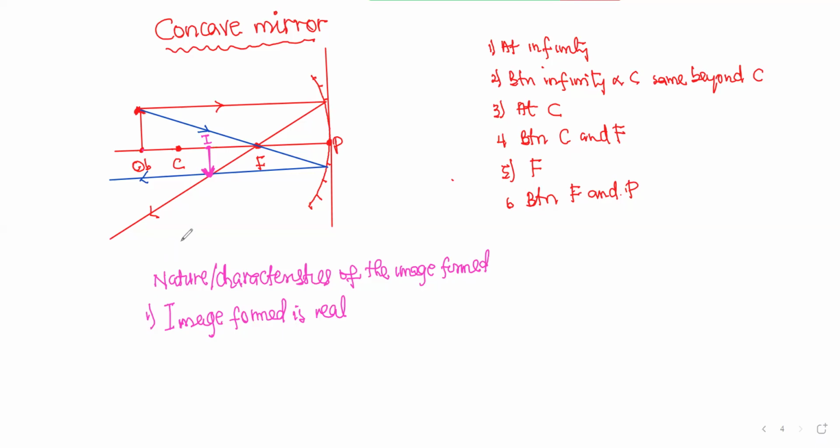So the image is real because of these two reasons. 2, the image formed is inverted or turned upside down. Look at the head and then the foot of the object, and then the head and the foot of the image. Whenever an image is real, it will be inverted. So all real images are inverted.